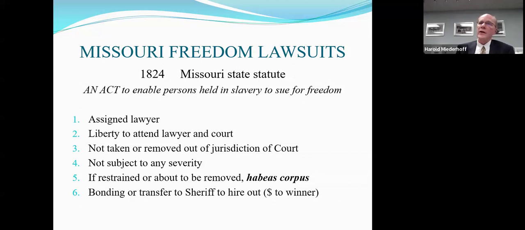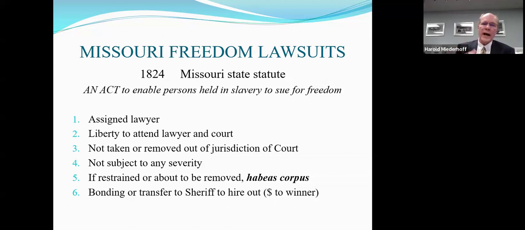A lot of times, the sheriff would place the slave in the jail for his nighttime accommodations, and then send him out to work for a fee that the employer would pay. And then the sheriff was required to keep the money and save it for the court to determine who the winner was in the case to receive the money.